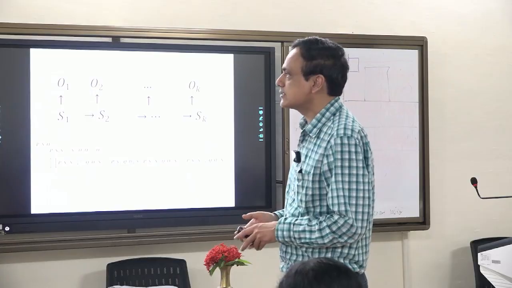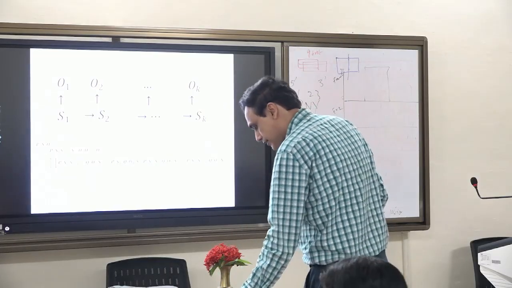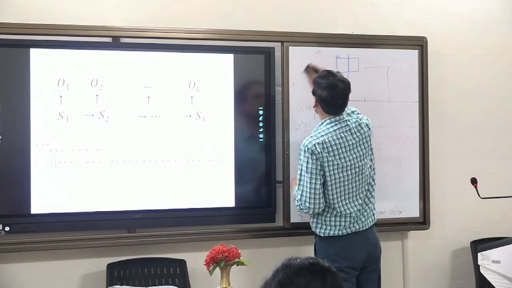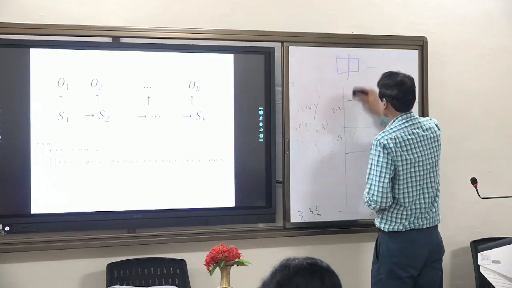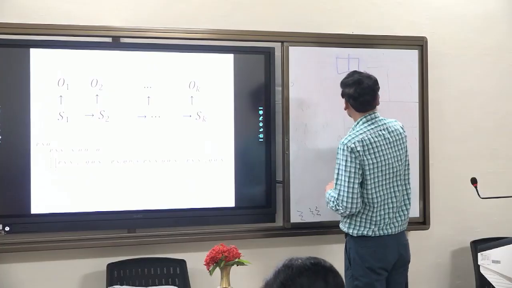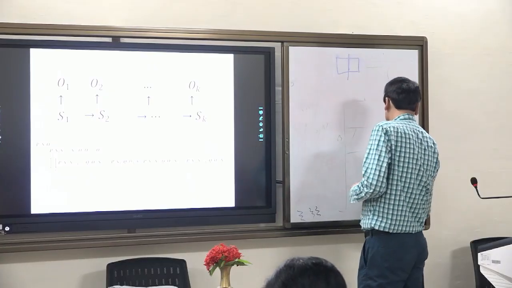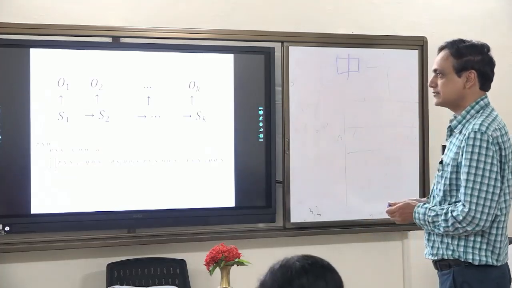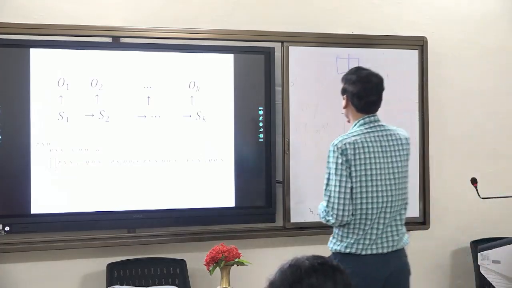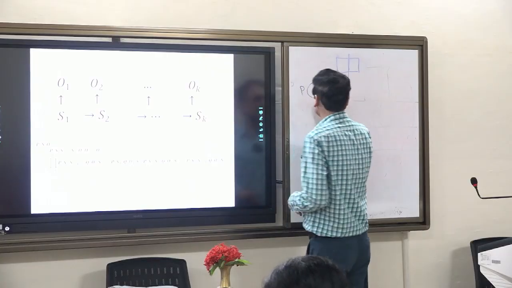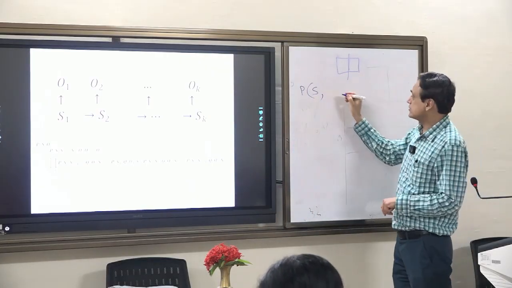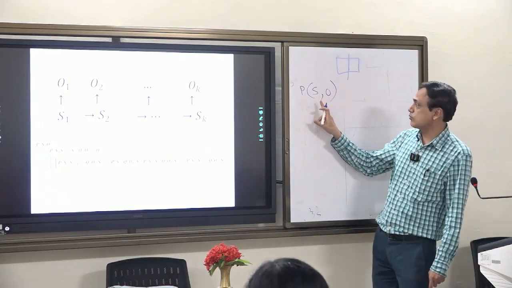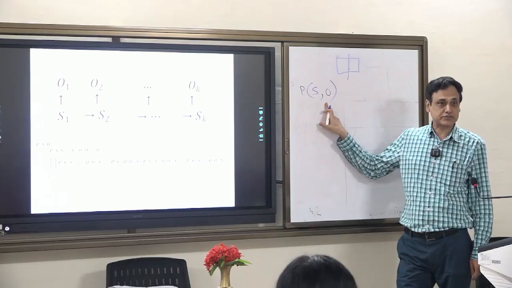So let's consider two sequences, the hidden sequence and the observation sequence. Okay, so I will use the same notation, and I think it's not difficult to understand. So the probability of hidden sequence is S, observation sequence is O. Okay, this is the joint probability of hidden sequence and observation sequence.